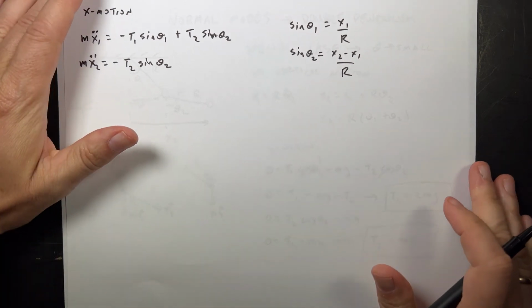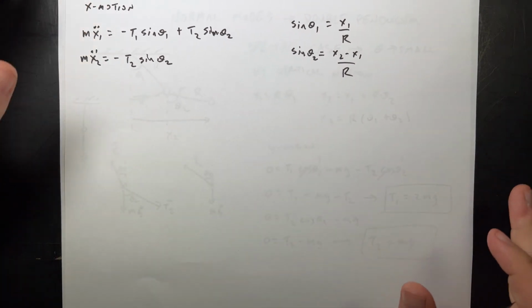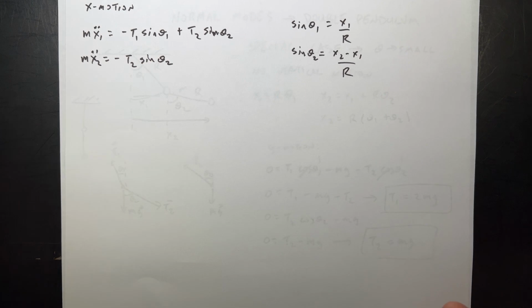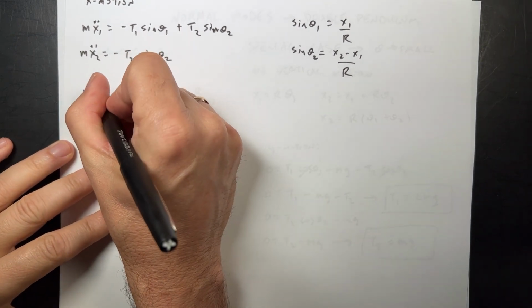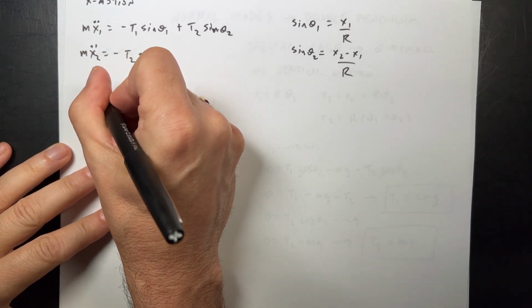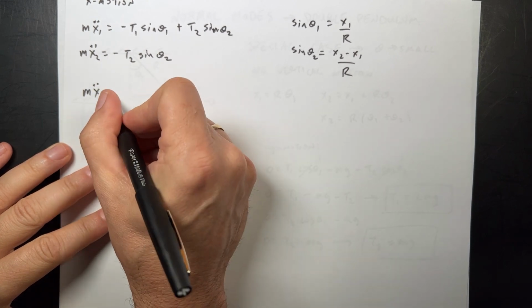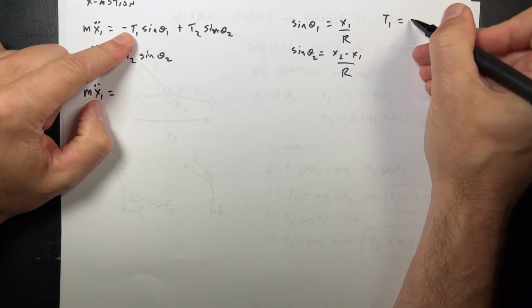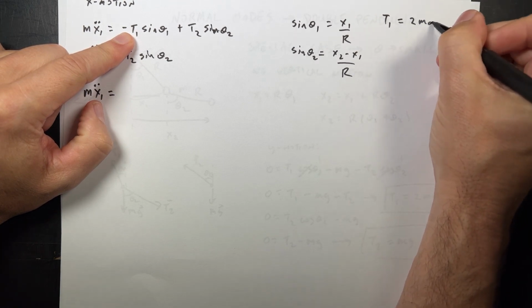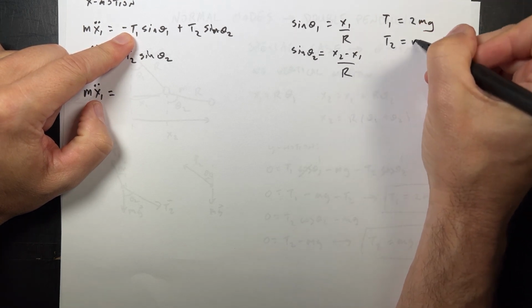And so you could say, oh, I'm going to let sine theta equal theta, but it doesn't really matter. I've already done this. I'm going to get rid of the thetas, and so I'll just have equations in terms of x. So let's put these in. I get mx1 double dot equals negative, and I'm also going to put in T1 is equal to 2mg, T2 equals mg.